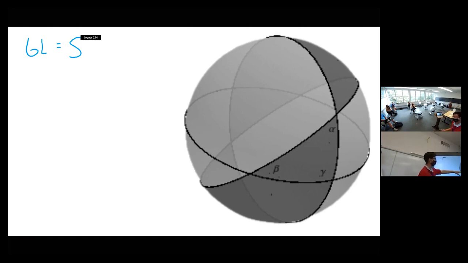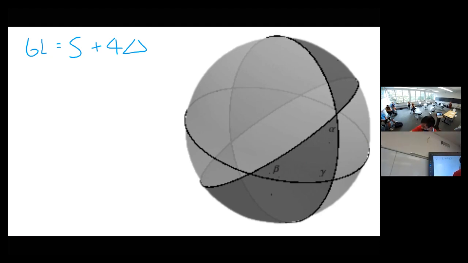However, since the ends of the lunes do not meet, but instead they overlap, we have to count the extra area in which they are overlapping. And that is the area of the triangle. So we will actually be adding 4 times the area of the triangle on top of the surface area of the sphere. And this is probably the most difficult part to understand, so I'll try to explain it clearly.